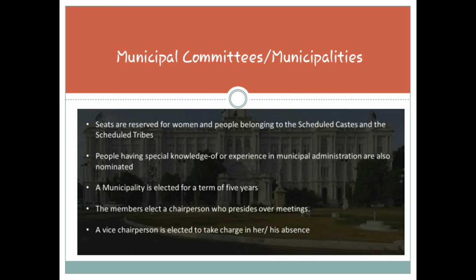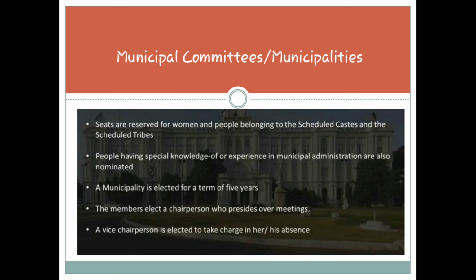The eligibility to contest elections to the general body of the municipal committee remains the same as for the municipal corporation. According to the new Nagarpalika Act, the term of 5 years is uniform in all the states, so there is no change in the term.